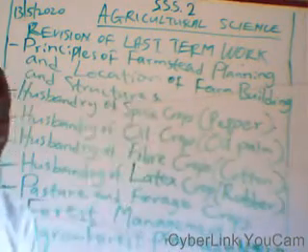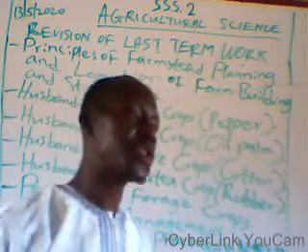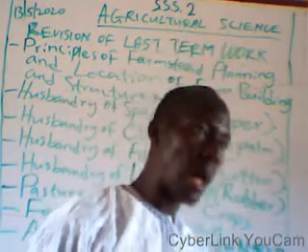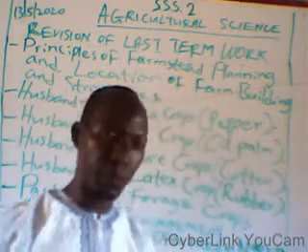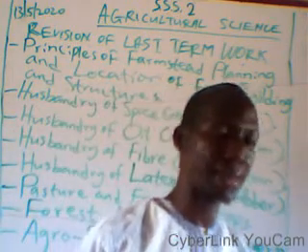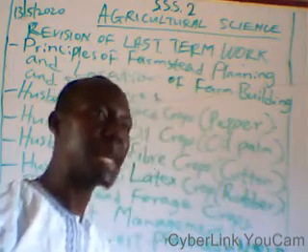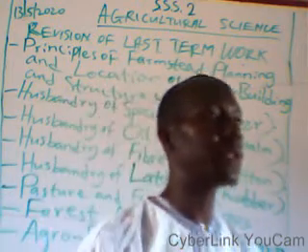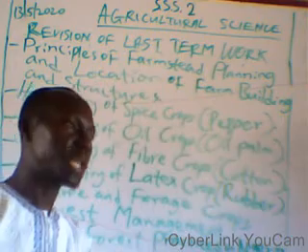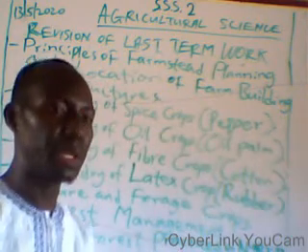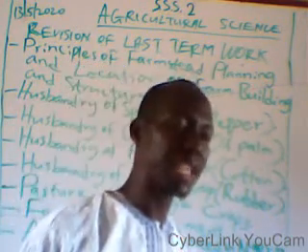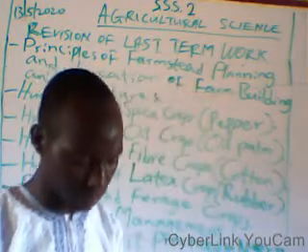One is that it provides us with protein because we get some animals from there. And again, we also get local herbs from the forest. It serves as a source of income for the forest guard, and also we source our raw material from the forest for internal use or for export purposes.